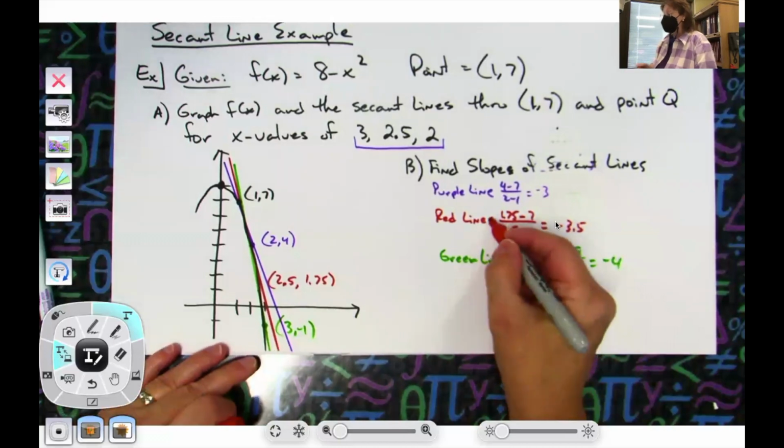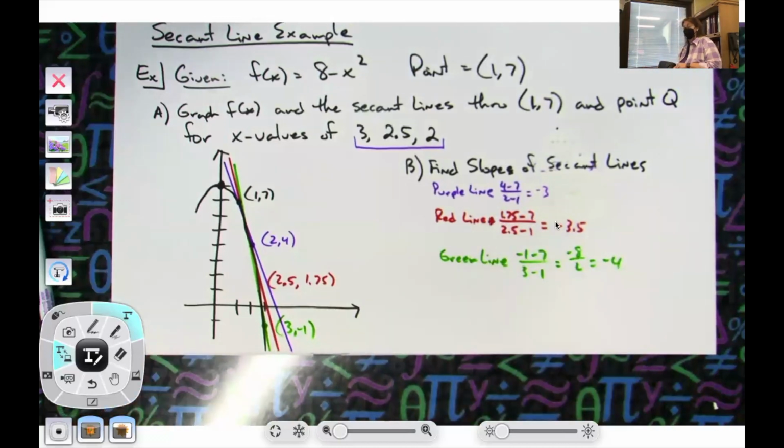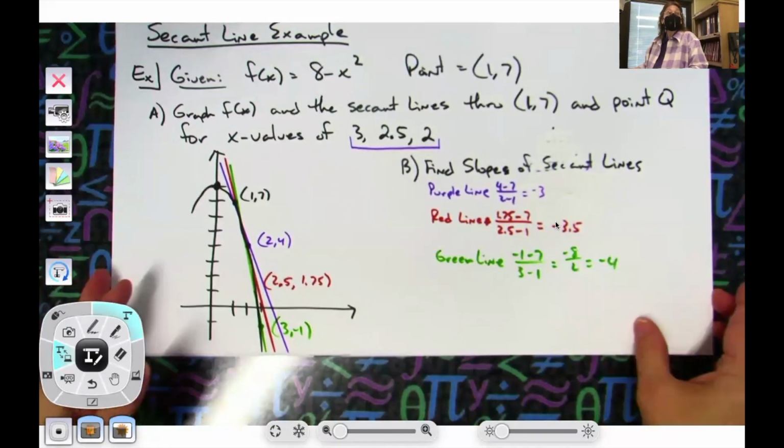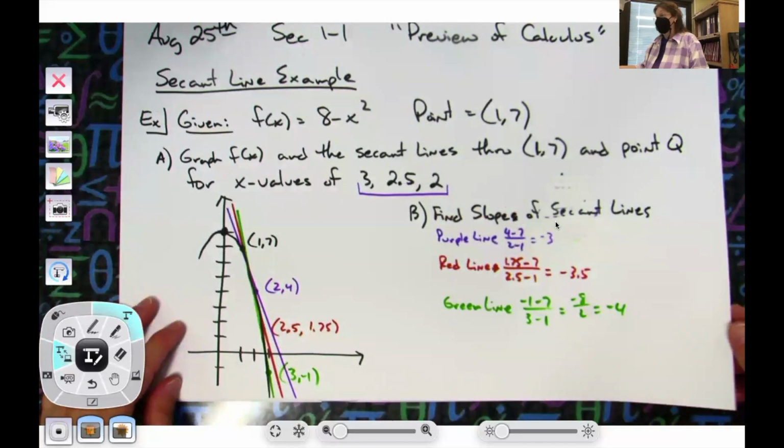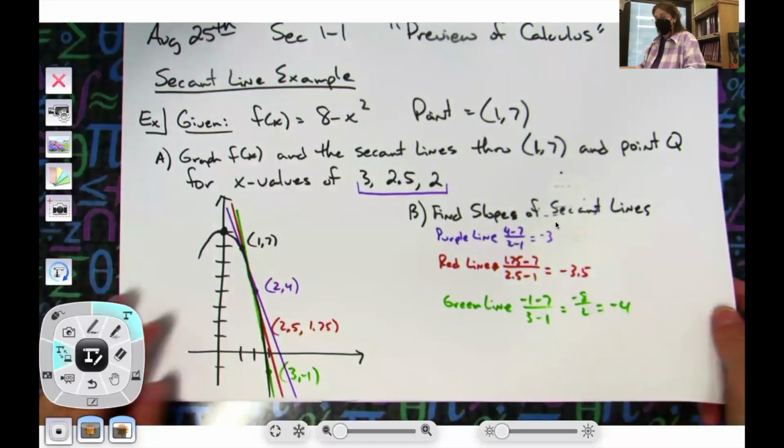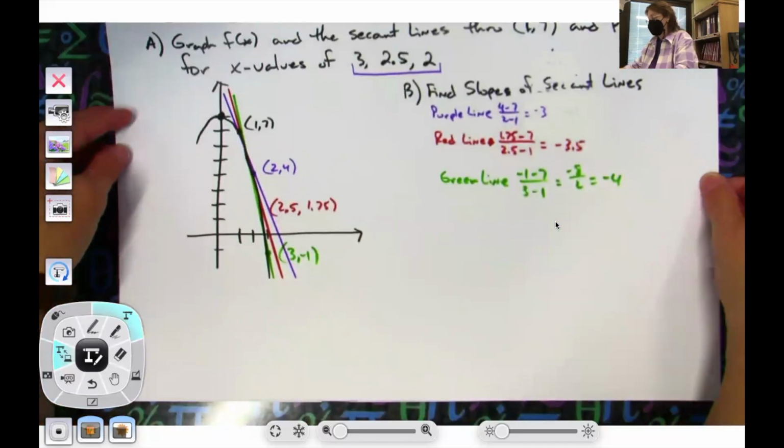Okay, so part B is going to ask you to find the slopes of that secant line. Okay, so far so good, right? Because that's just basic pre-calc stuff, nothing too challenging here.